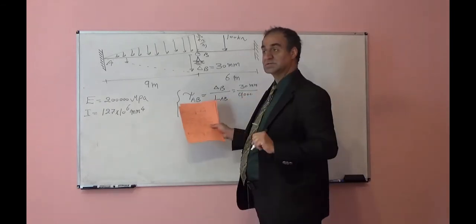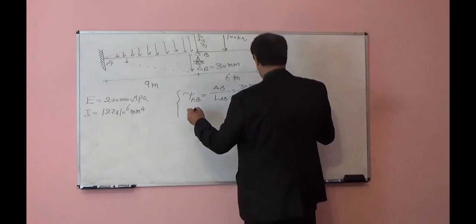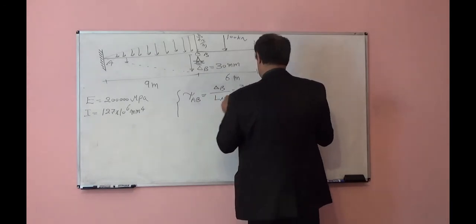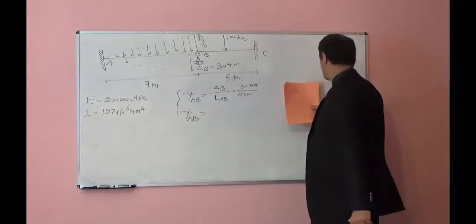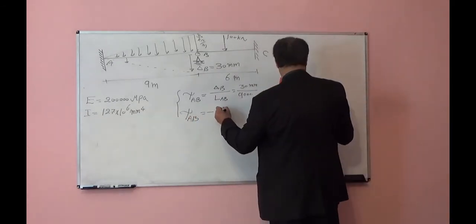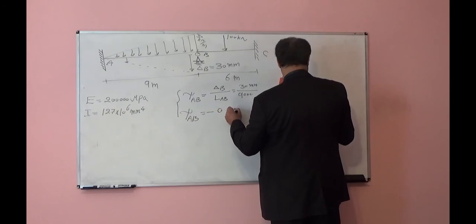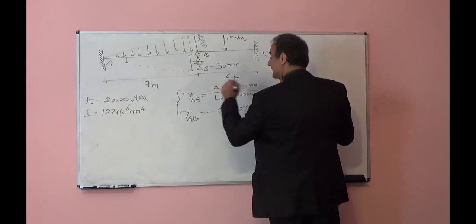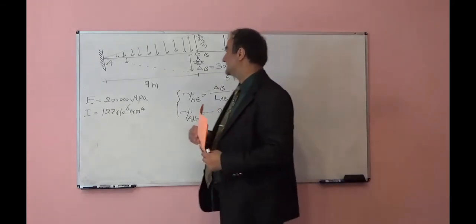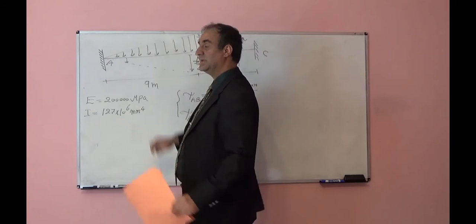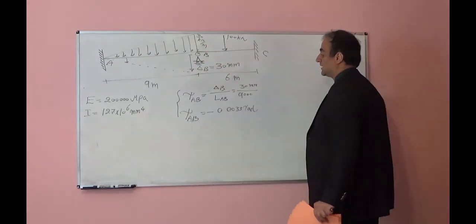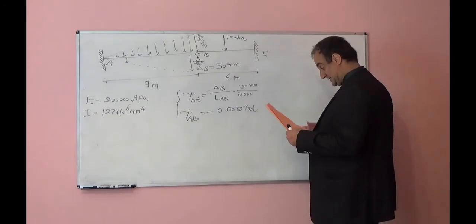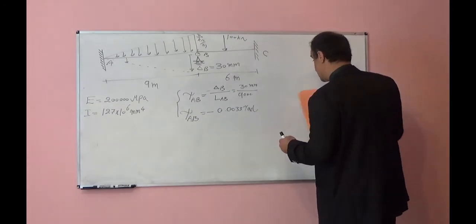That will be psi AB, which will be equal to negative 0.0033 radian. Why negative? Because this member rotates clockwise. Rotation clockwise, our convention says it is negative.